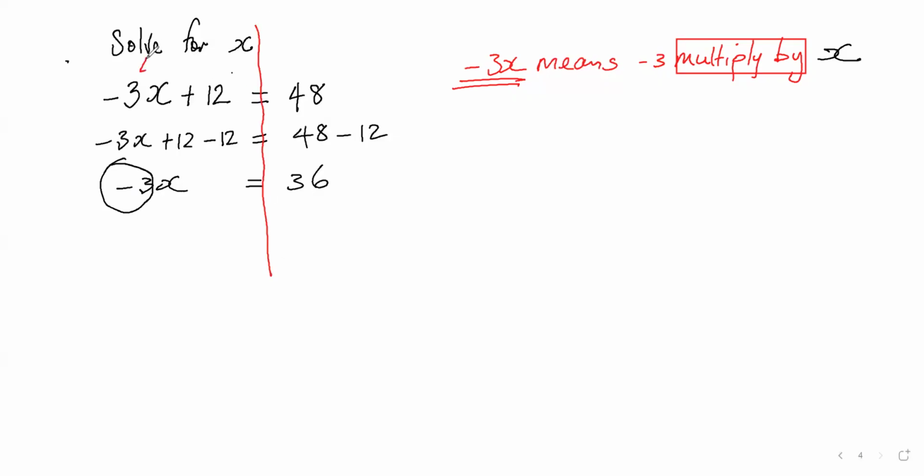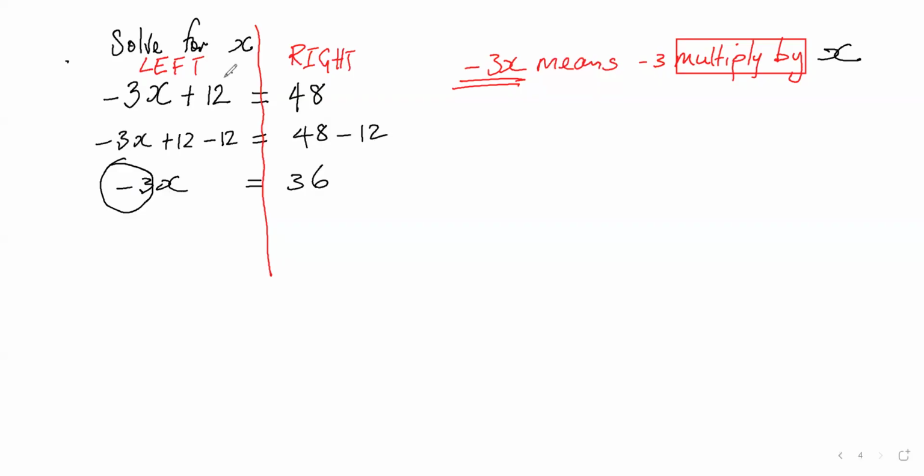There is a left-hand side and a right-hand side. You have negative 3x on the left-hand side and 36 on the right-hand side, but you're finding for x. Finding for x means you only want x on the left-hand side.